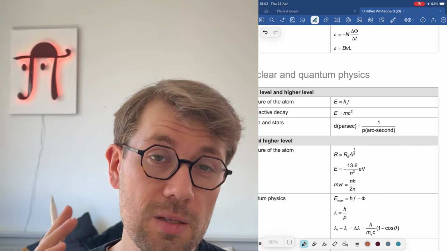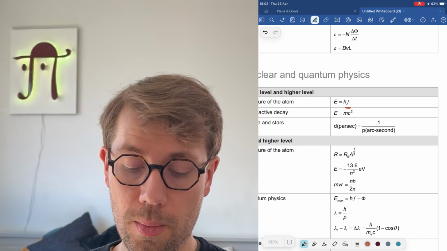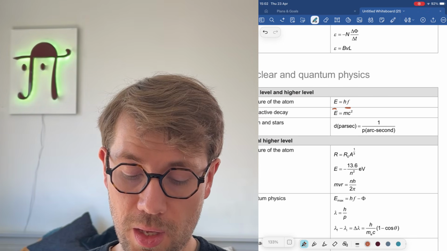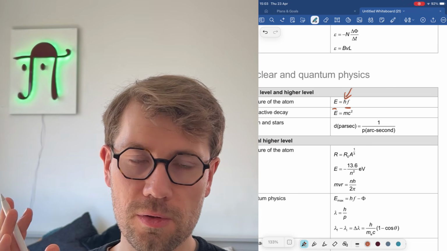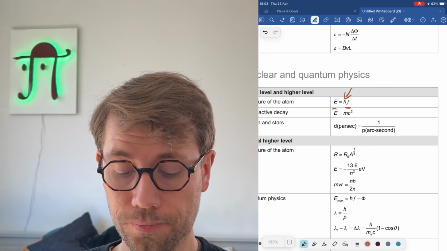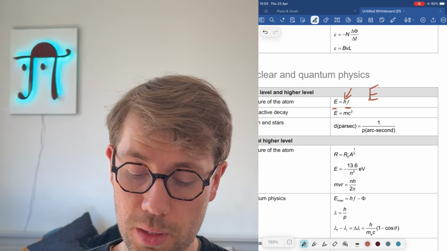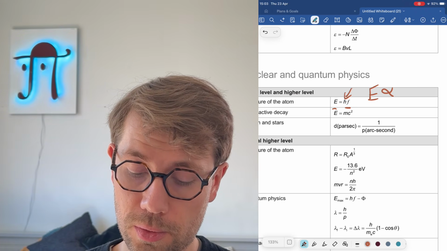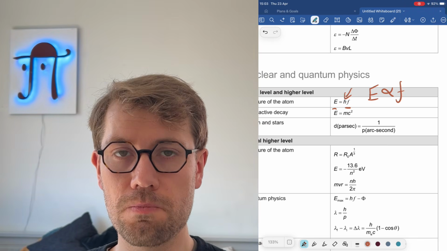It is completely dependent upon its frequency. And that's it. h is a constant. That doesn't change. So the energy of a photon is not dependent on it. And basically what this tells us is the energy of a photon is directly proportional to its frequency. Higher frequency, higher energy.